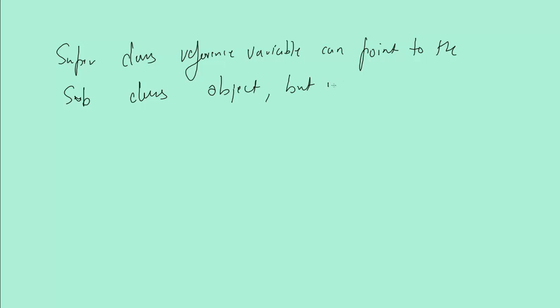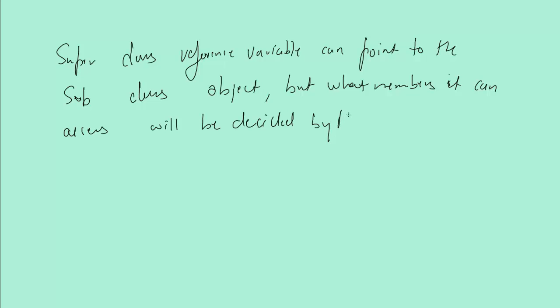But what members it can access will be decided by the kind of reference variable. What kind of reference variable? So this is a very important concept.